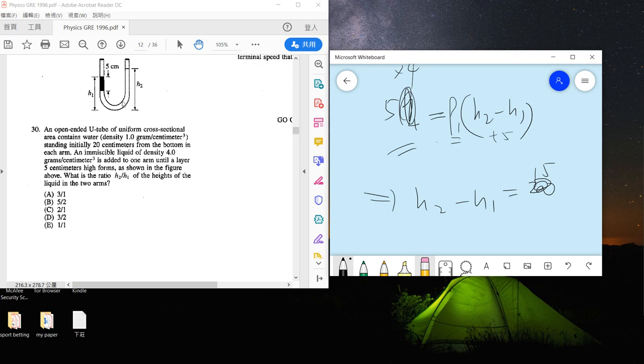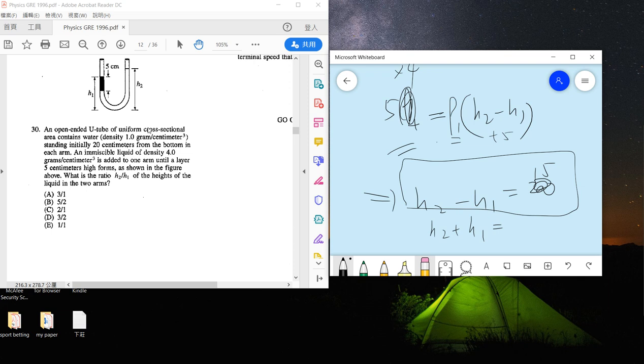You still need one equation to solve the answer, right? Somebody tells you the initial total height is 40.